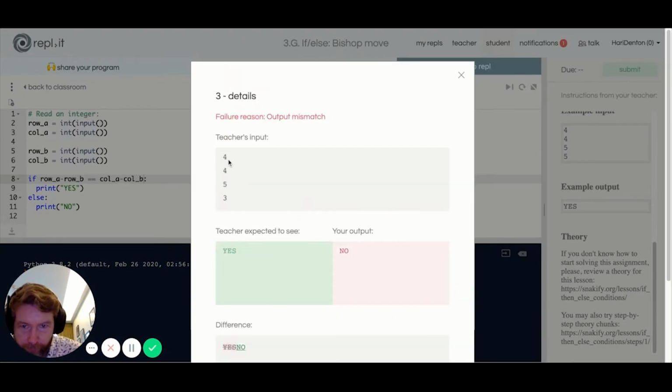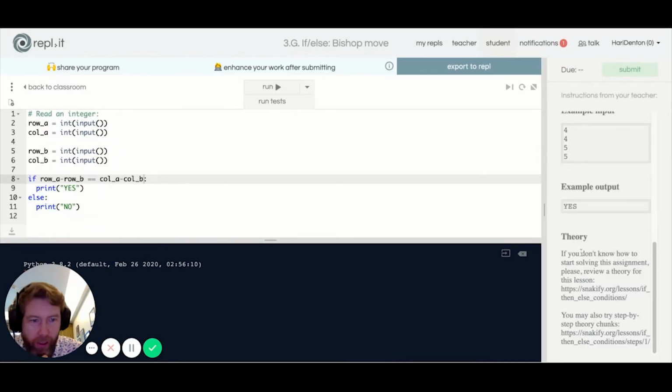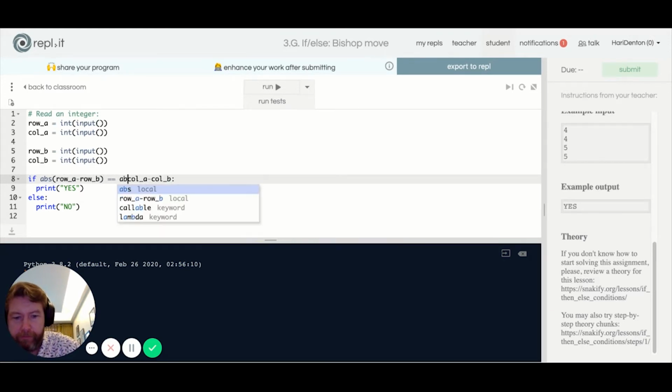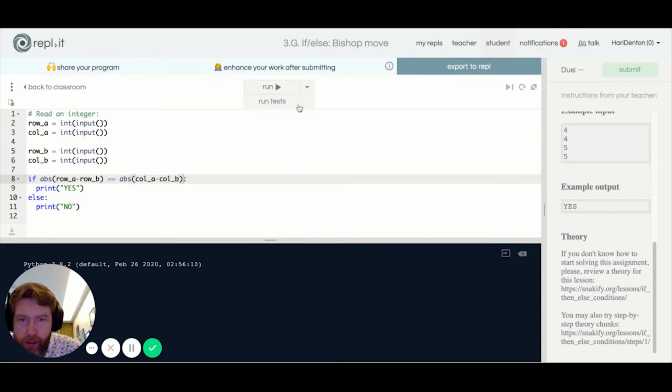Okay. I'm going to use something called absolute. Absolute is a function that will take a negative number and turn it into a positive number. How about that? Yes. Okay, so basically what that means is, oh wow, it's still going.